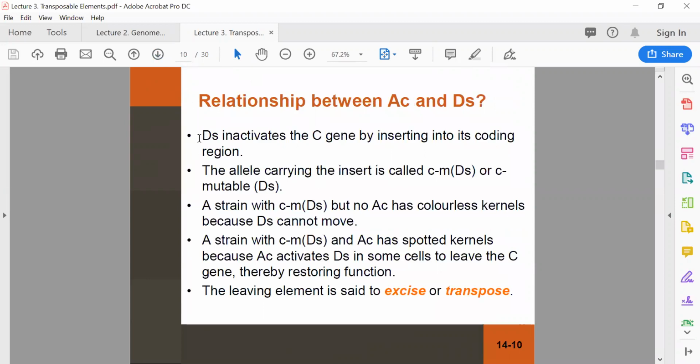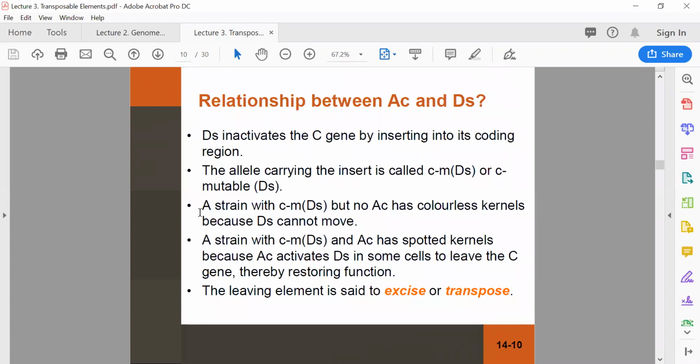So the DS element inactivated that C gene, the pigmented gene, by inserting into its coding region. The allele that carried the insert is called the CMDS allele, which stands for C mutable DS.